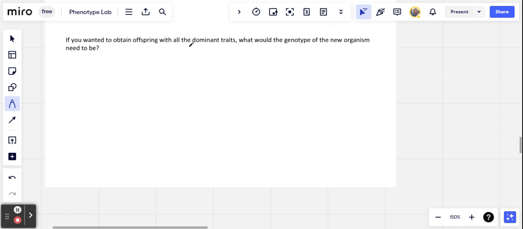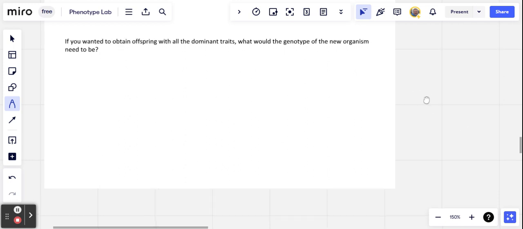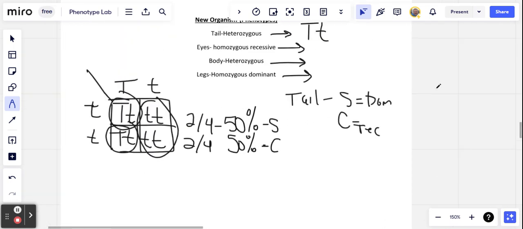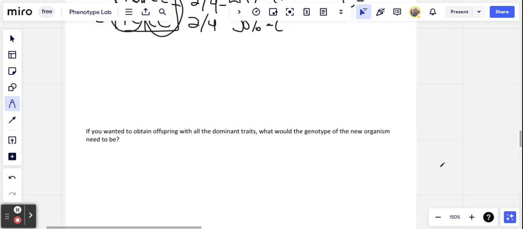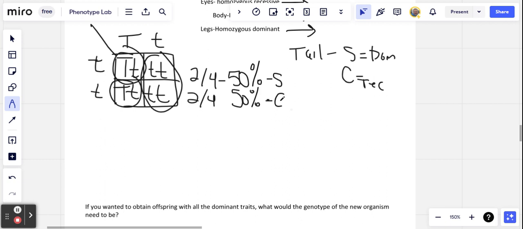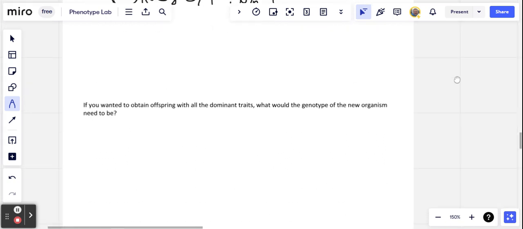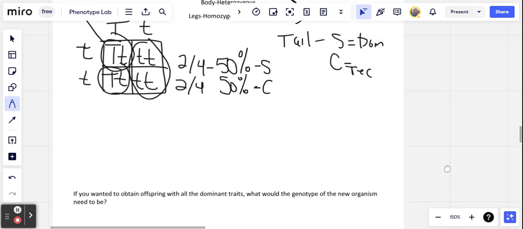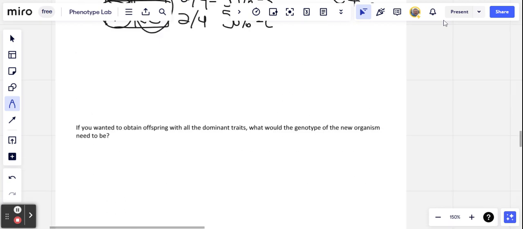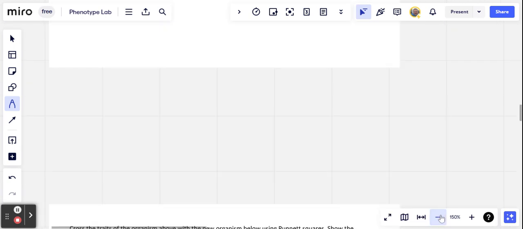If you want to obtain offspring with all dominant traits, what would the genotype of the new organism need to be? So you want to think that through. So here, did we obtain all dominant traits, right? So here 50% are recessive, curly. So if we wanted to obtain all dominant traits, which two alleles does the one we cross have to have when we cross it with our original, right?